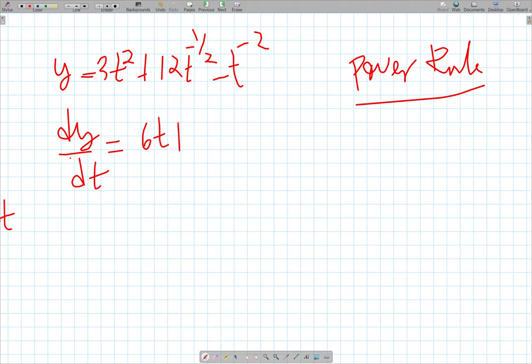Okay, then next is plus, of course. And then negative 1 half times 12. Negative 1 half times 12, that is negative 6. Okay, negative 6. And then t, negative 1 half, no? Negative 1 half minus 1 is negative 3 over 2.